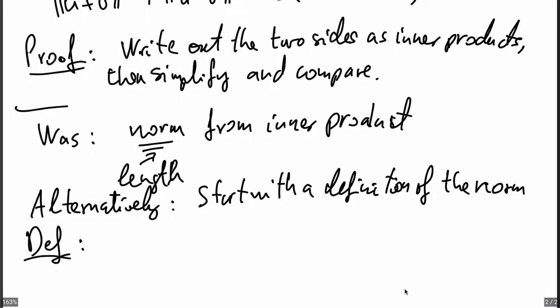So the usual definition is that a norm on a vector space is denoted by this double absolute value sign.